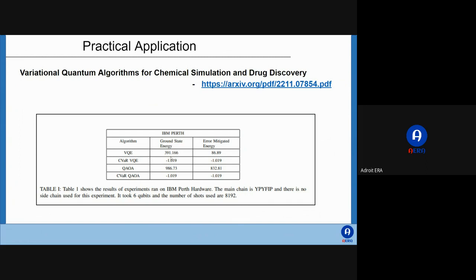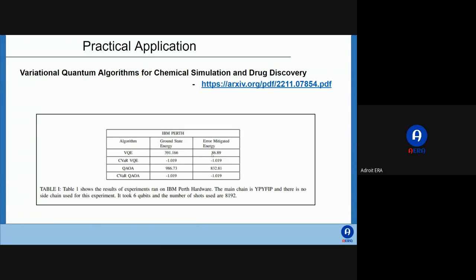So for VQE, the ground state is 391.16. We also used error mitigation techniques. You can see the difference between the ground state energy and the error mitigated one. Once we use the error mitigation techniques, the ground state energy is even lower. So it shows that the error mitigation technique worked here.